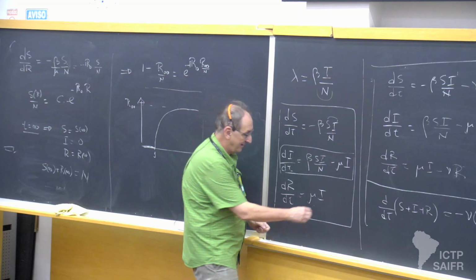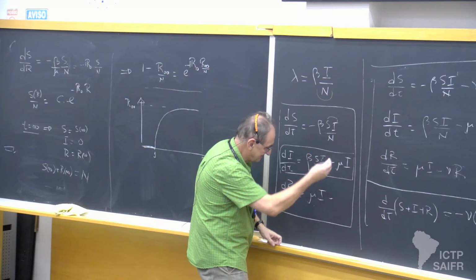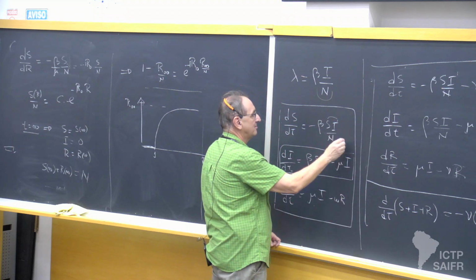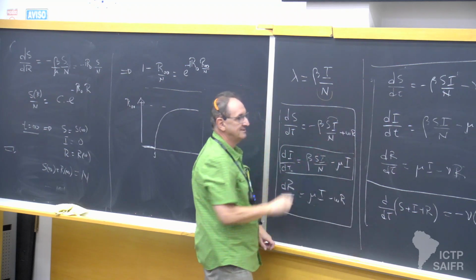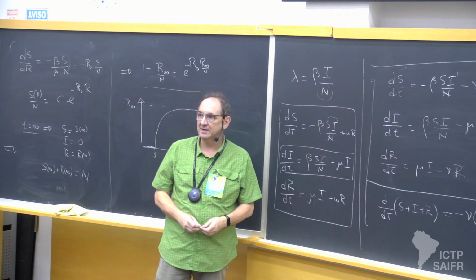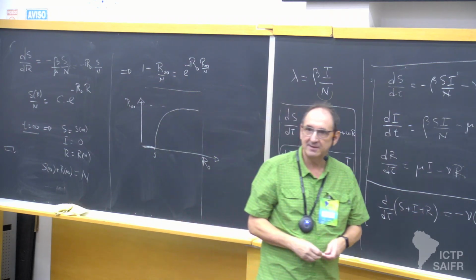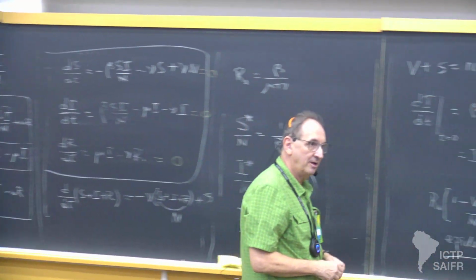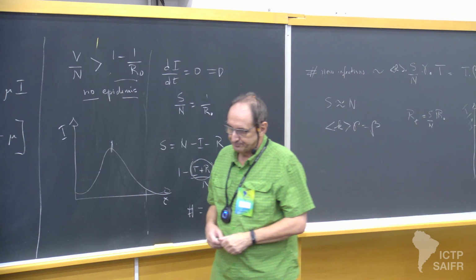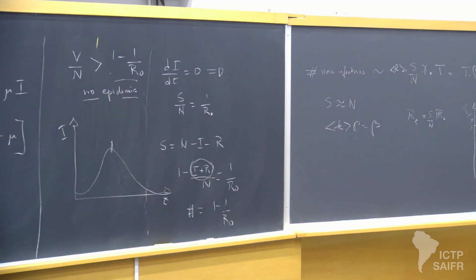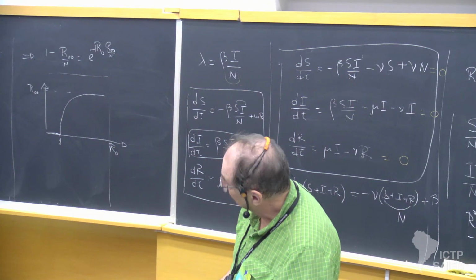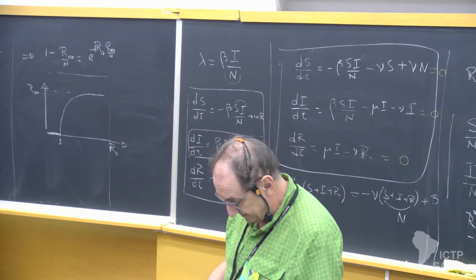Okay, you might have something like minus W R here, which could go to plus W R here, for instance. And this would have a similar effect of generating an endemic equilibrium and recurrent epidemics, right? And going to an endemicity state. Okay? So, that's almost everything I have to say.